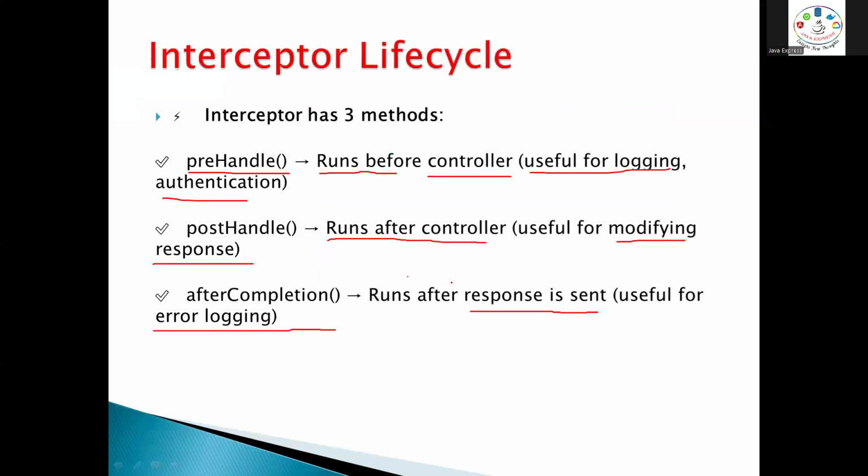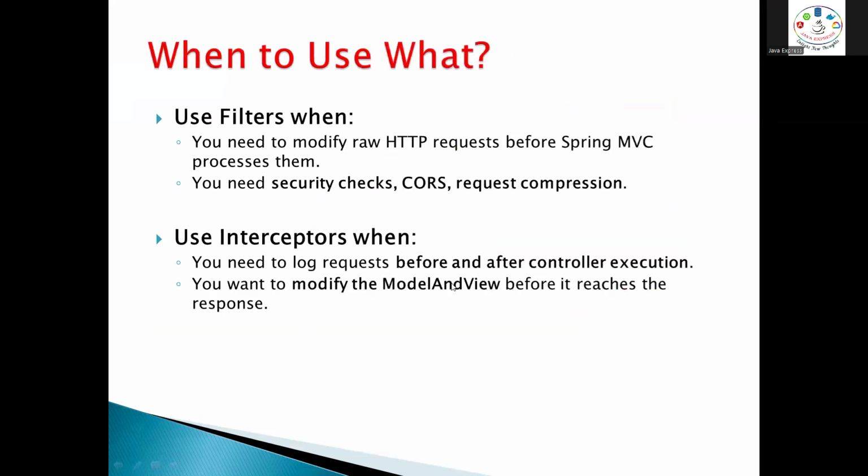Okay. Now, see here, when to use what. If you need to modify the raw HTTP request before MVC processing, or you need security checks, then we can use filters here, guys. Whereas in the case of an interceptor, you need to log the request before and after controller execution.